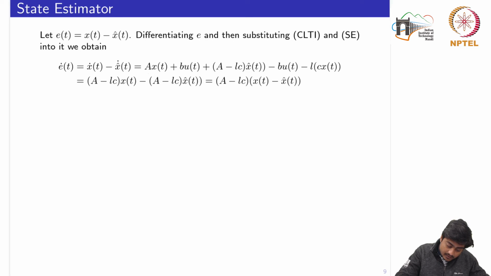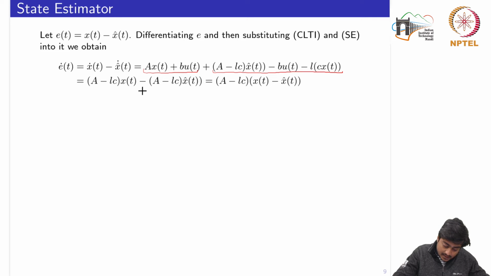So x dot is only this part, and x hat dot is this one, which is the parameterized one we had seen in the second figure: (A minus LC) x hat plus Bu plus LC x of t.